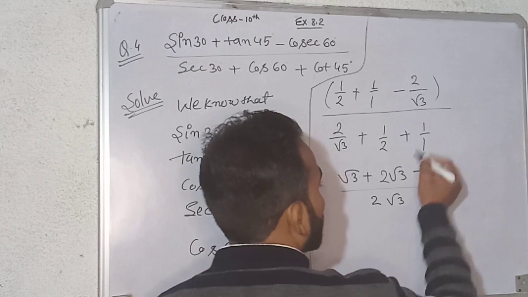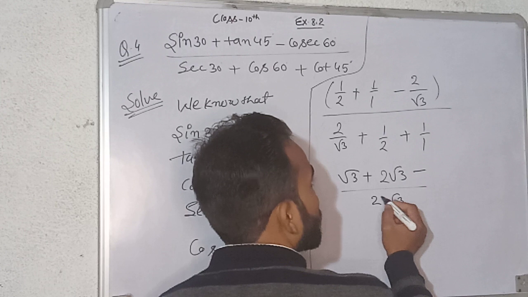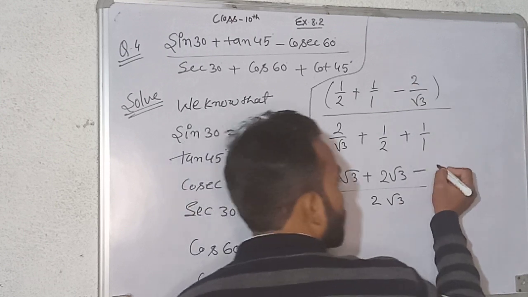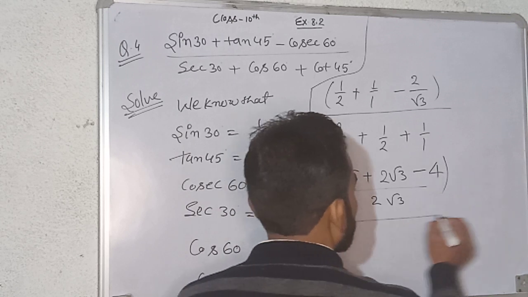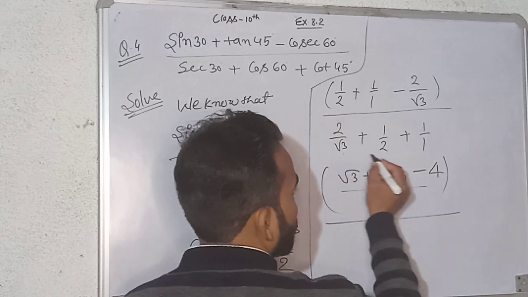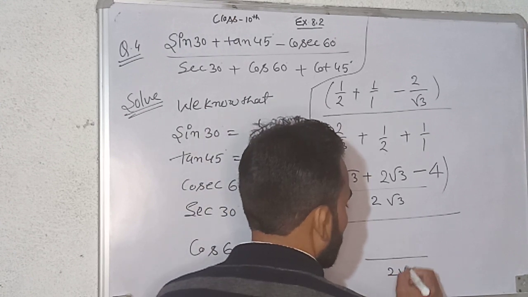Minus 2 root 3 divided by root 3 gives 2, multiplied by 2 becomes 4, upon the LCM 2 root 3.